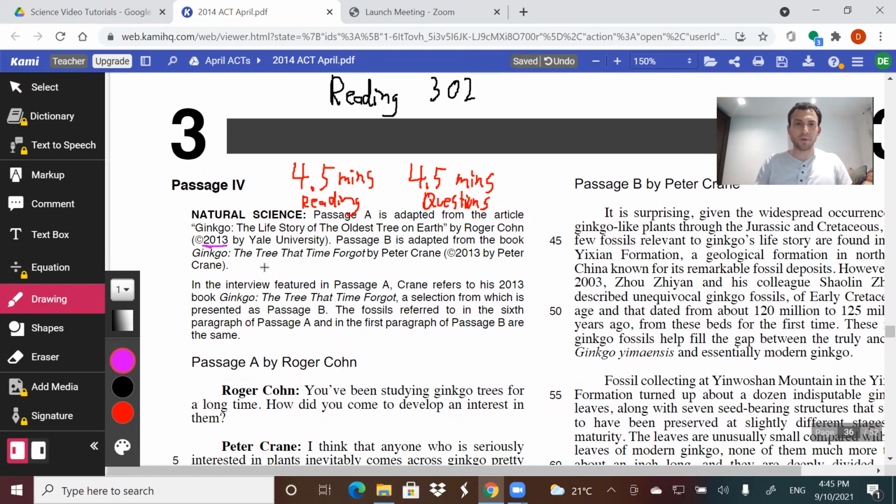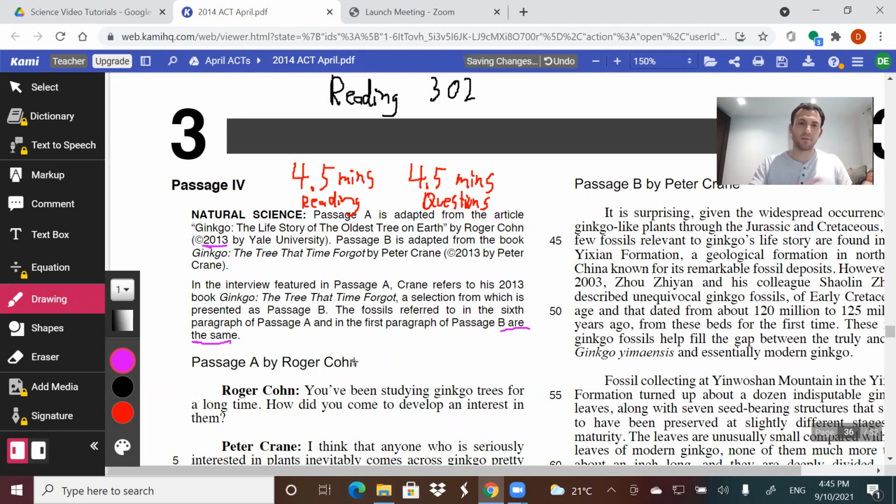Passage B is adapted from the book Ginkgo, the Tree That Time Forgot by Peter Crane. In the interview featured in passage A, Crane refers to his 2013 book Ginkgo, the Tree That Time Forgot, a selection from which is presented as passage B. The fossils referred to in the 6th paragraph of passage A and in the 1st paragraph of passage B are the same. Okay, so these are all just important to be aware of.